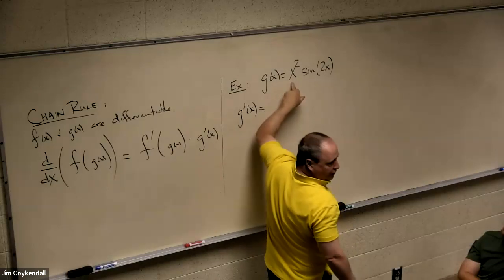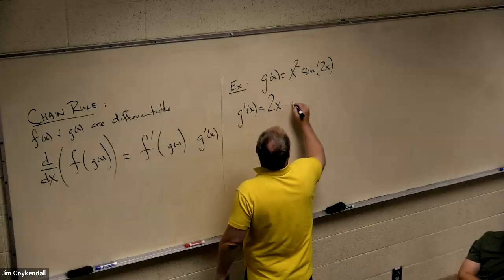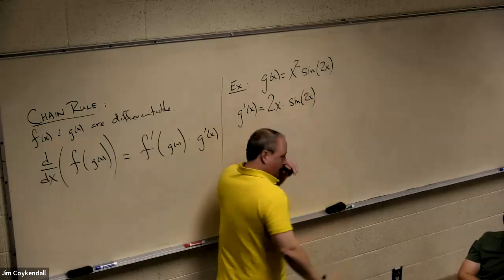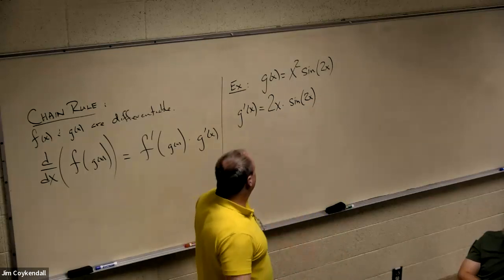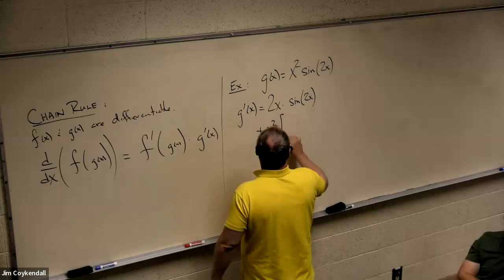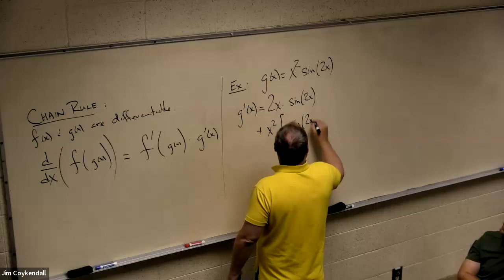Okay, first x squared is your term. And your derivative is 2x times sine 2x. Agree? And now it's your turn to be left alone, and we take the derivative of sine of 2x.